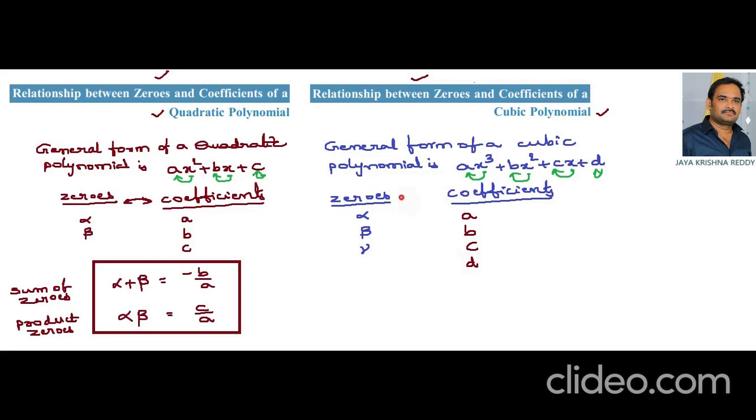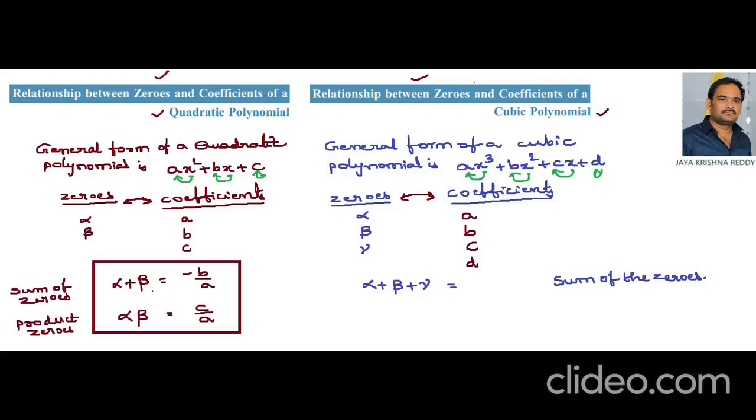Now there is a relationship between the zeros and coefficients of the cubic polynomial. We can write it as alpha plus beta plus gamma, the sum of the zeros. In the quadratic polynomial the first formula is alpha plus beta, since two zeros are there.